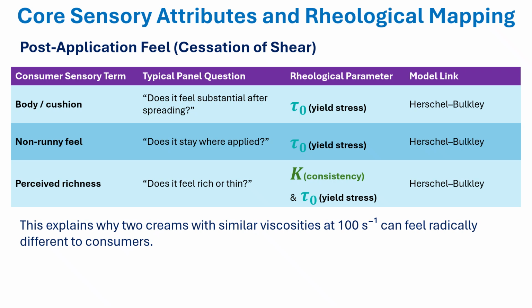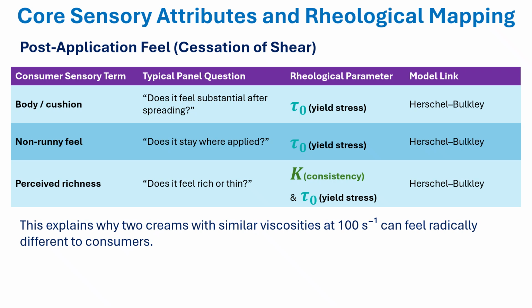From a rheological perspective, this behaviour is again dominated by low shear properties, particularly yield stress. A product with sufficient yield stress will resist flow once application stops, giving a stable, non-runny feel. A product with a very low yield stress may continue to flow or spread, which can be perceived as thin or unstable. The Herschel-Bulkley model is especially useful here because it captures both the yield stress and the flow behaviour after yielding.